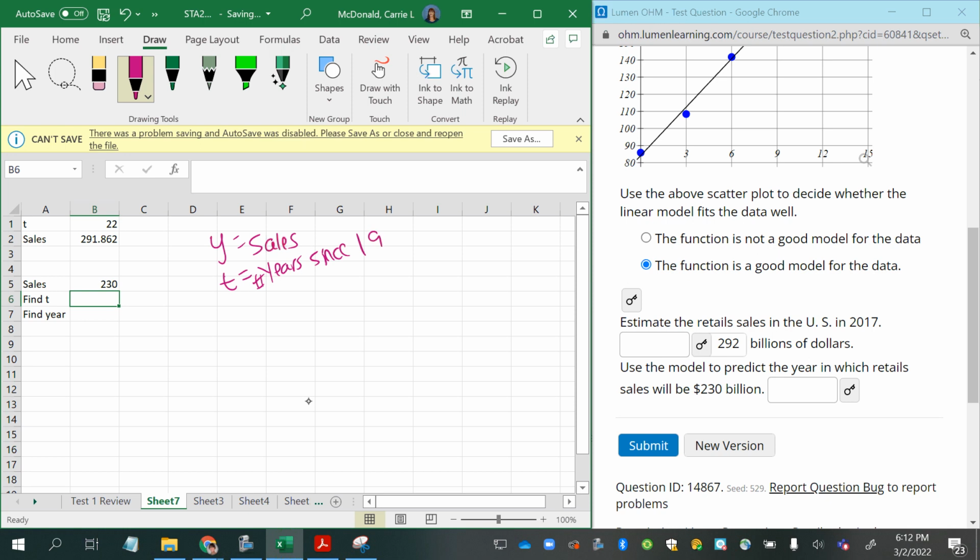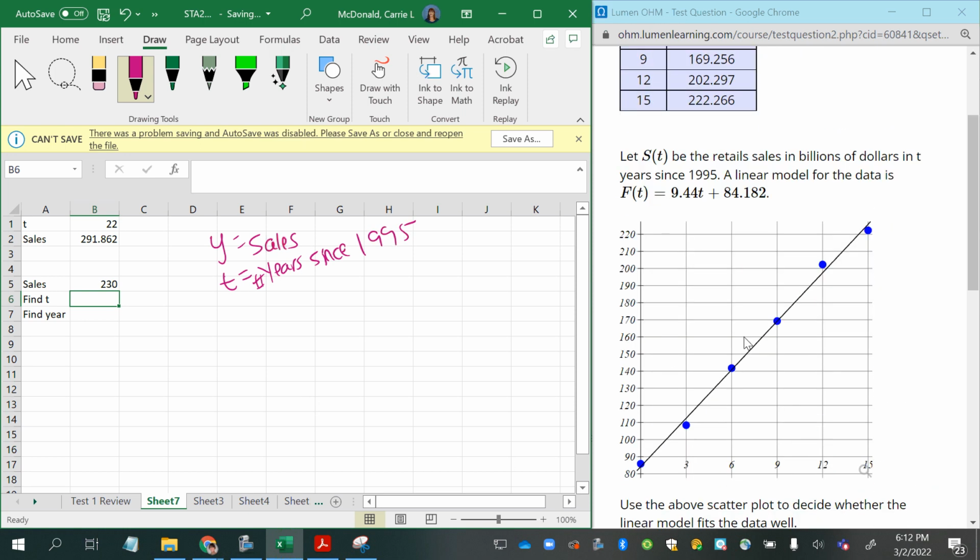So we can take our linear model, and instead of using f of t, we can just write y equals 9.44t plus 84.182. And we're going to solve for t, because t is what we're trying to find. So we're going to do inverse operations here.